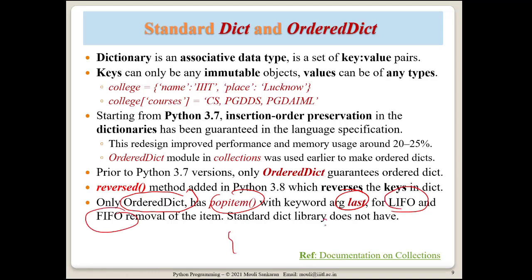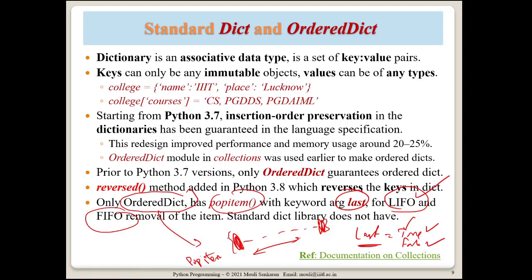Suppose you have an ordered dictionary with any number of items maintained in order. When doing a popitem, you have the freedom to say whether you want the first item added or the last item added. That is the last parameter passed to popitem, which you can set to true or false. If you say true, then it is last in, first out. If you say false, then it is first in, first out.